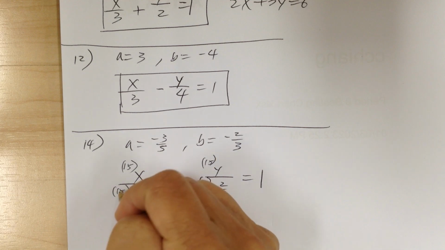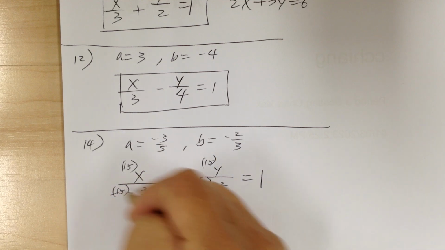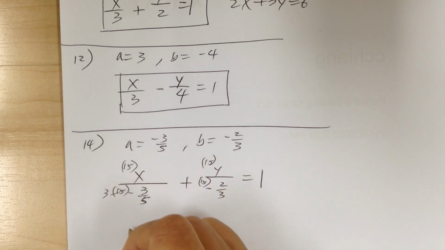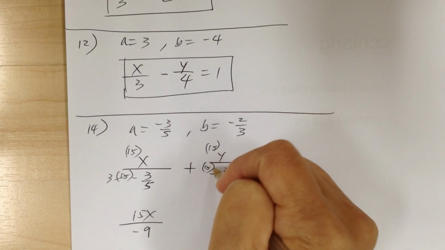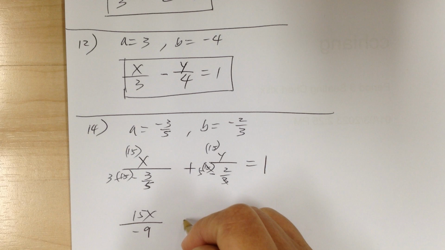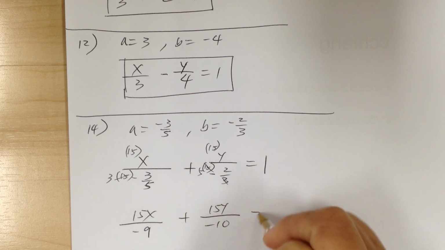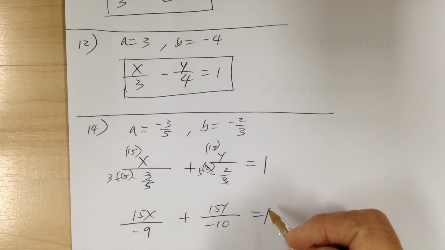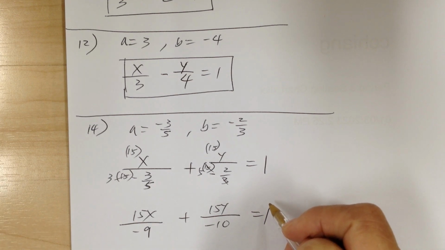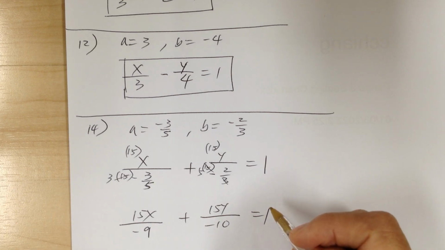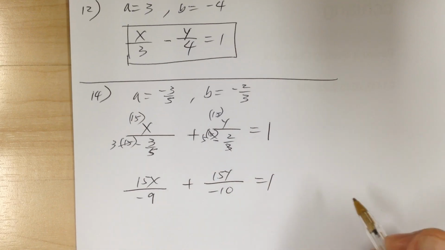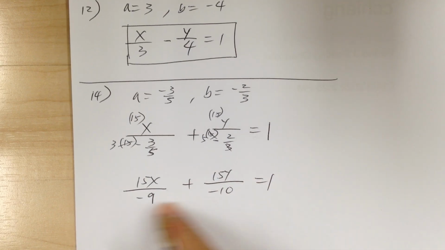So that this will cancel out. You're going to get 15x over negative 9, and this will cancel out, so it will be plus 15y over negative 10 equal to 1. Then after that, you can get a common denominator.